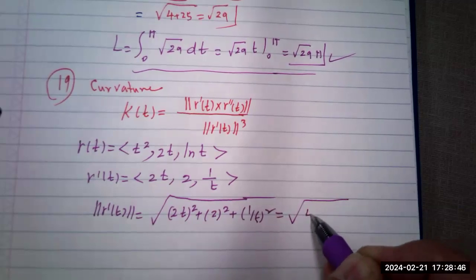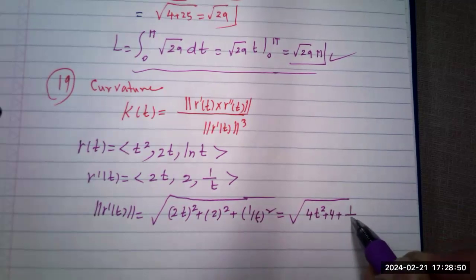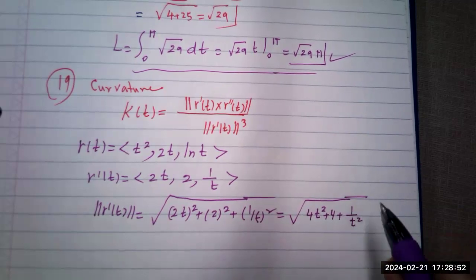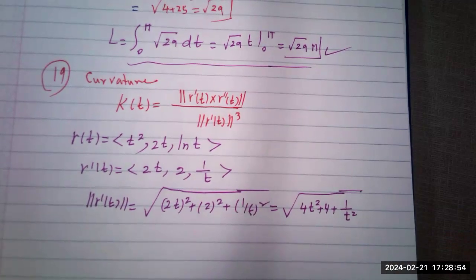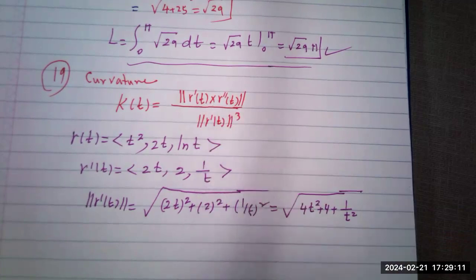So it would be 4t squared plus 4 plus 1 over t squared. You cannot put them together, you just leave it as is. So that will be the bottom. Write it down as everything to the 1/2, and that will be 3/2. So we have to prepare the top.